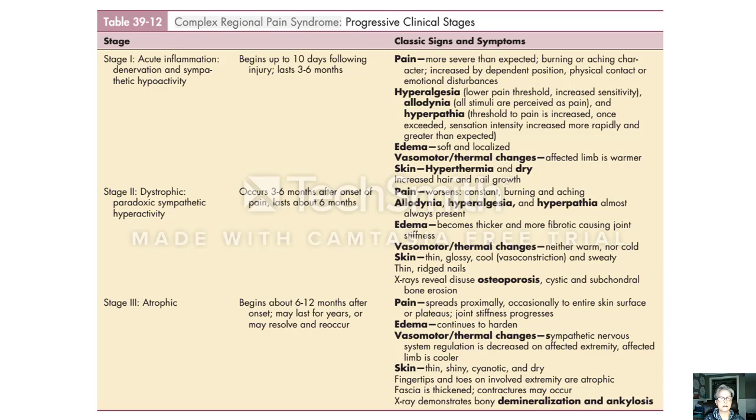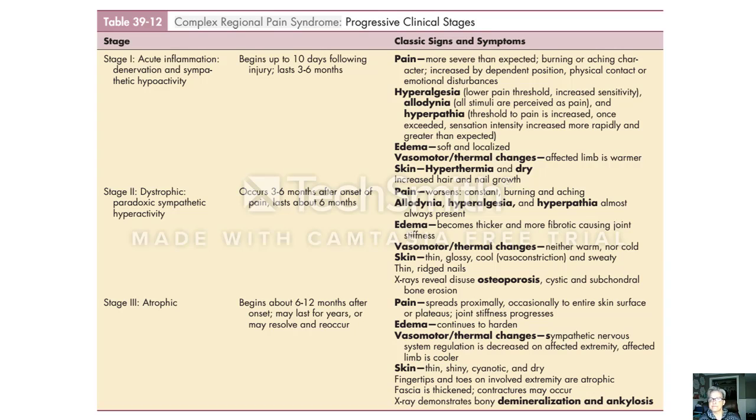Here's another one. Complex regional pain syndrome, progressive clinical stages. You have stage 1, acute inflammation. Denervation and sympathetic hypoactivity begins up to 10 days following injury and lasts 3 to 6 months.